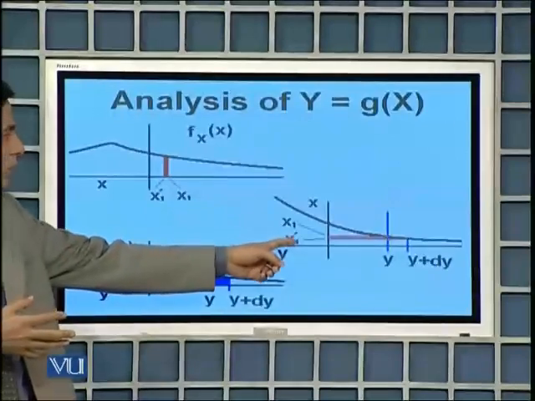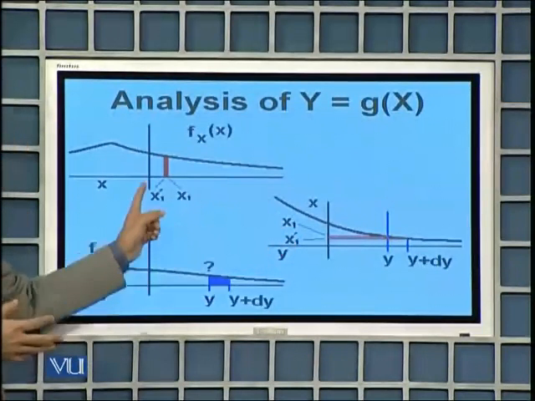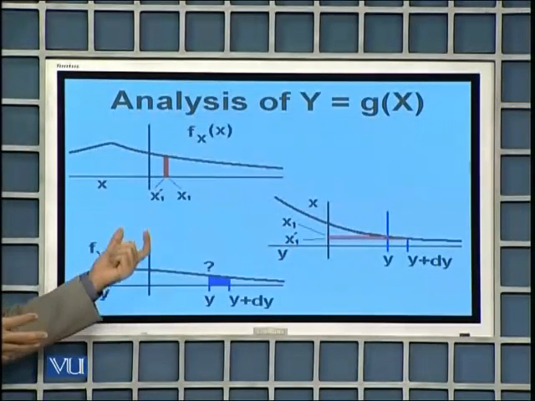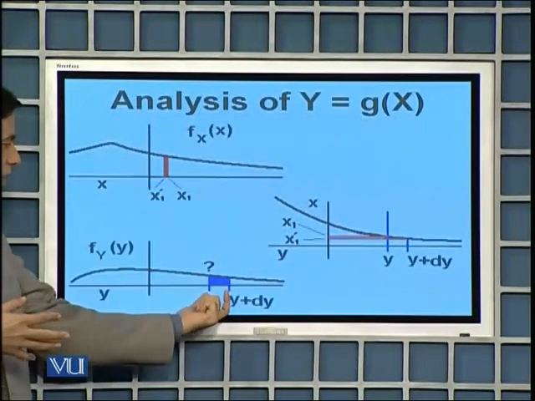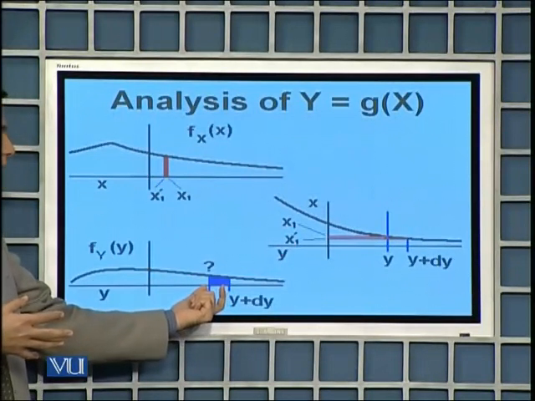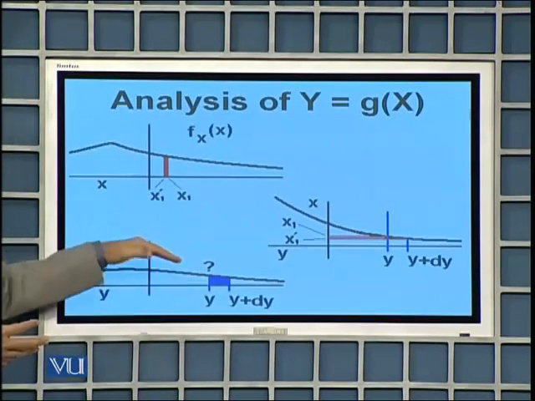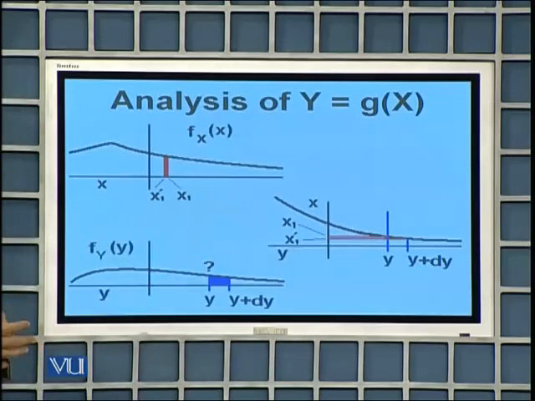By referring to that idea again, it's easy to see that the interval from x1 dash to x1 is equal to the width of this interval multiplied by the slope of this inverse mapping h.